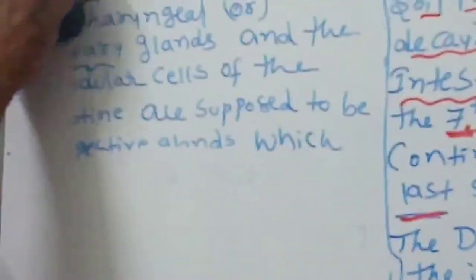We are going to discuss another system that is called the respiratory system. Respiratory system of Lampito mauritii.